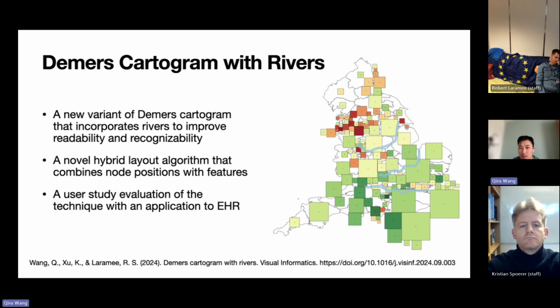By adding a third element, the topological features like rivers, we are actually improving geographical accuracy, because now they have a feature to refer to, which helps improve the so-called legibility of their cartograms. I would say that's the advantage of our work compared to a pure Dorling's cartogram.